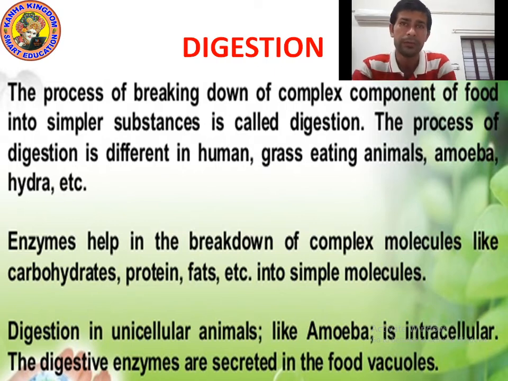If I talk about amoeba, amoeba actually eats in a different way. Enzymes which are present secrete some kind of juice which digests the food in the vacuoles, and the process of digestion in a unicellular animal like amoeba is known as intracellular. Okay, we call it an intracellular process.